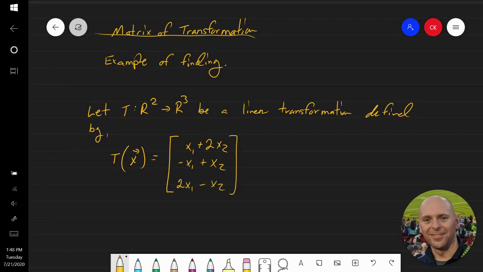All right, so there's our linear transformation. And again, this is going to map R2 into R3.